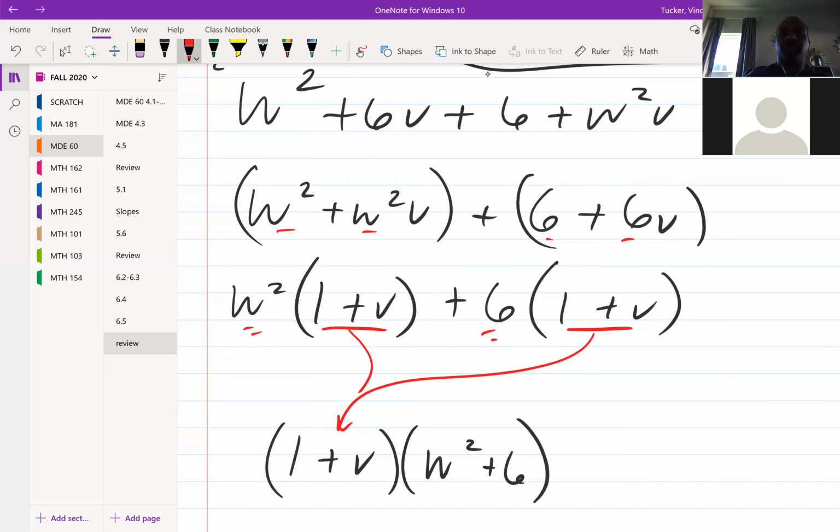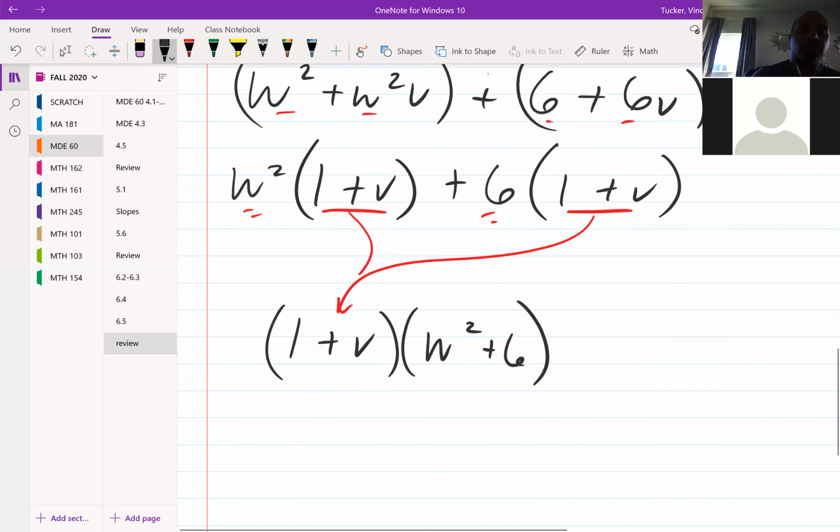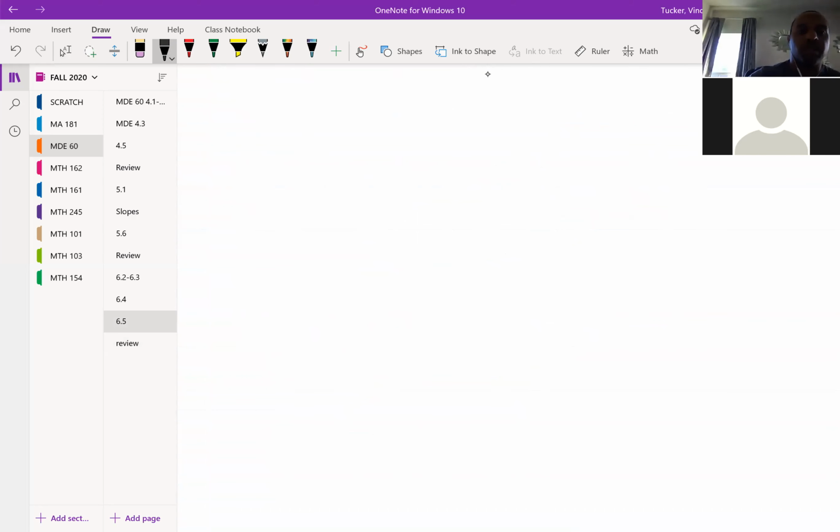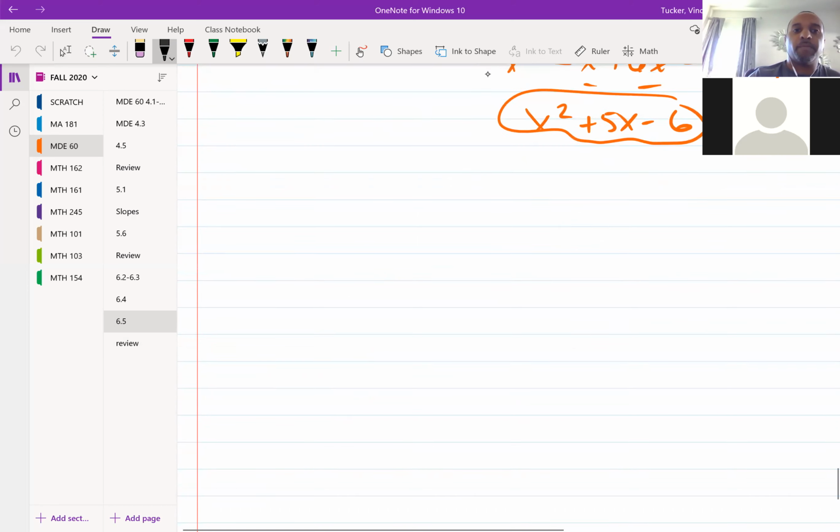All right. As a matter of fact, let me go back to 6.5. And I think this is, let me see what section this is. 6.7 was greatest common factor. Factoring trinomials, 6.10.